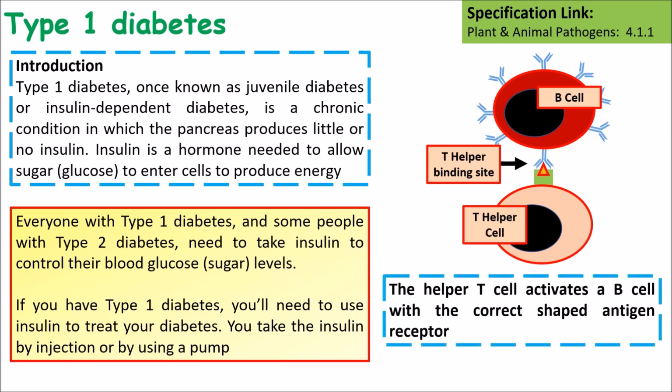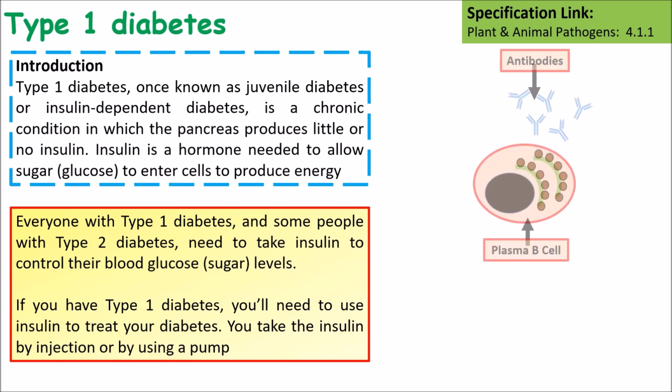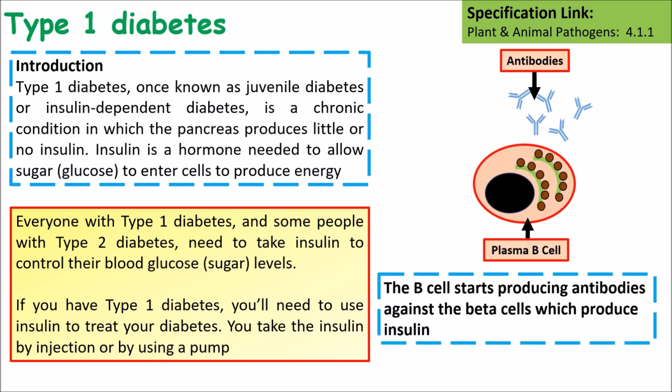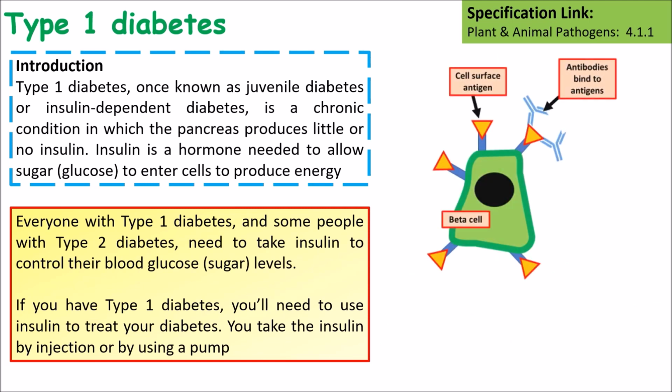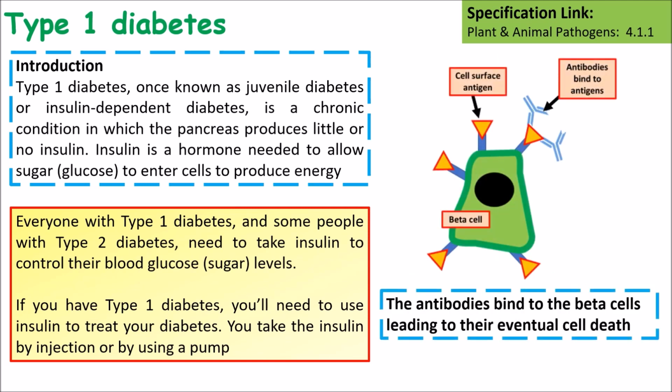The helper T cell then activates a B cell with the correct shape antigen receptor. The B cell starts to produce antibodies against the beta cells which produce the insulin. The antibodies bind to the beta cells, eventually leading to cell death of those cells.